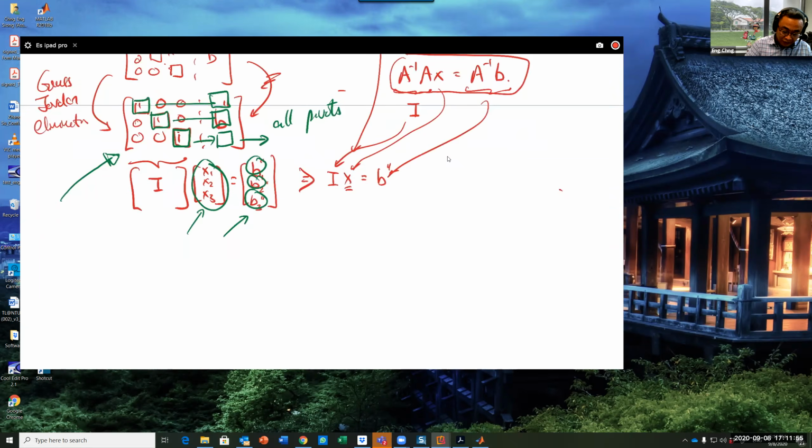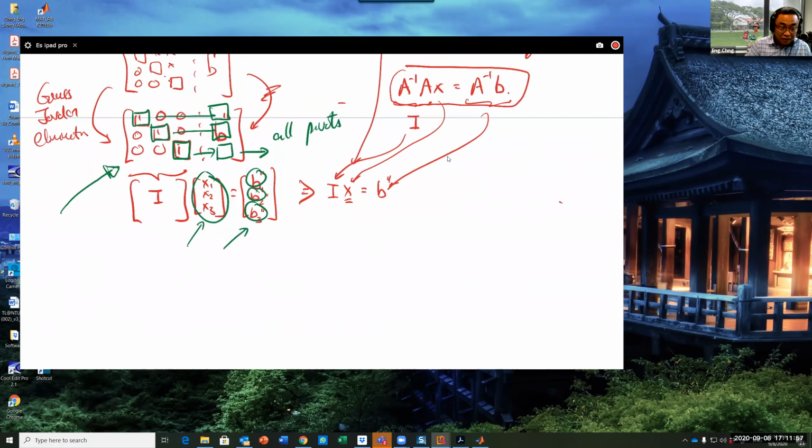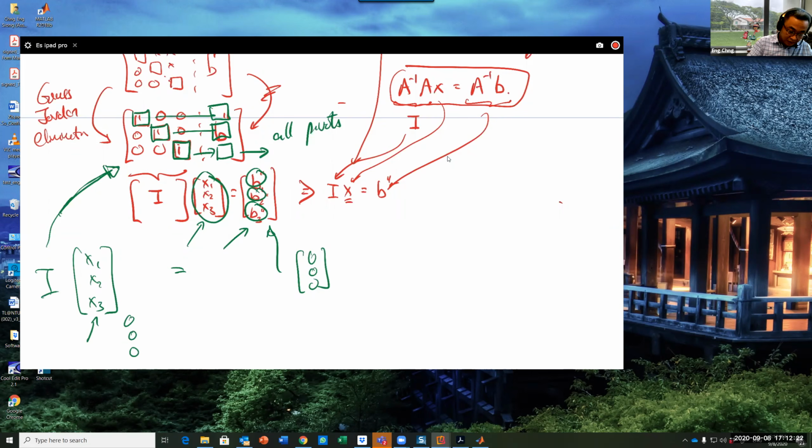You stop at this figure and you say that if my right-hand side is full of zeros, then the only solution that you can get out of this x1, x2, x3, because it's identity multiplied by this vector, therefore this vector must be 0, 0, 0. So from that, we answer again.